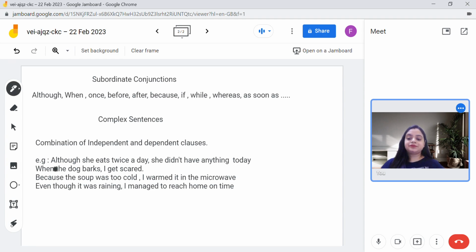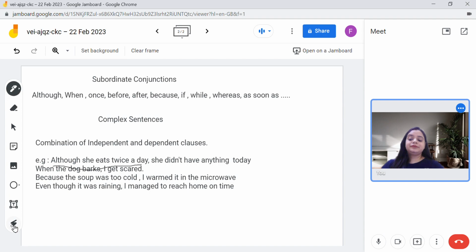The first one, although she eats twice a day, she didn't have anything today. Although is a subordinate conjunction, and although she eats twice a day is a dependent clause. As you know, that dependent clause is looking for some further explanation, or to be precise, is looking for an independent clause, which is she didn't have anything today.